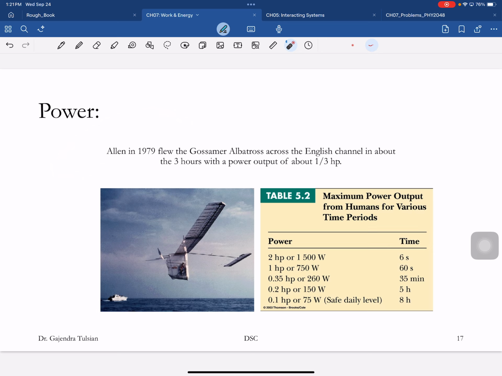So here's an interesting diagram. Okay, so this says maximum power output from humans for various time periods. So if you want to work an 8-hour day, you can work at a rate of 75 watts, which is 1/10 of a horsepower.